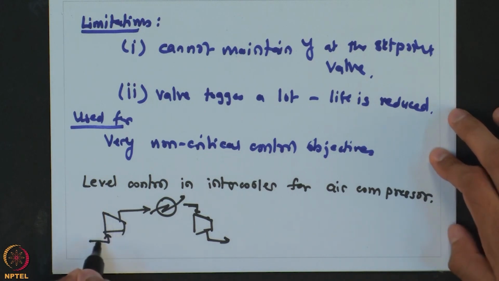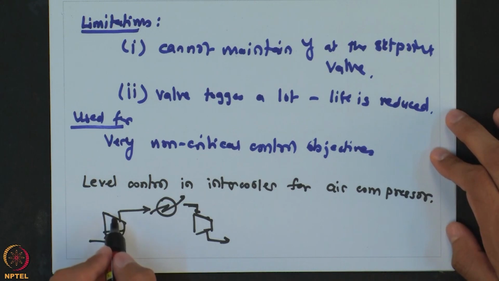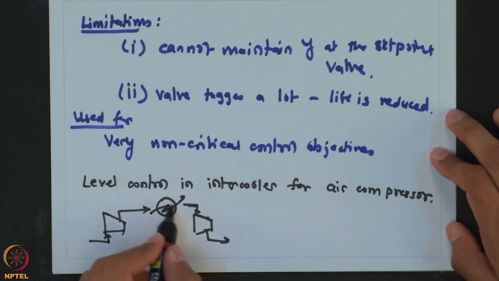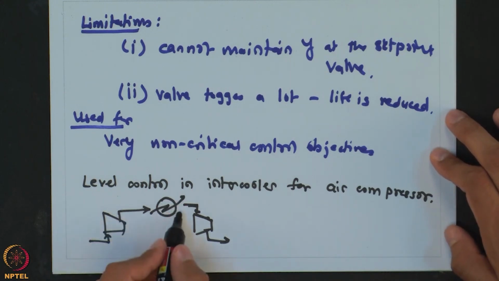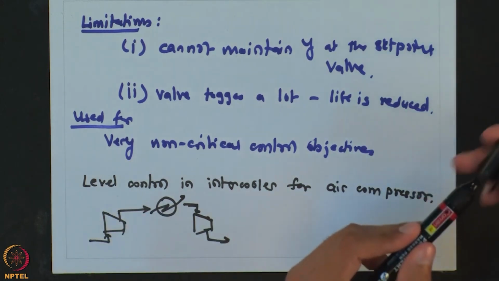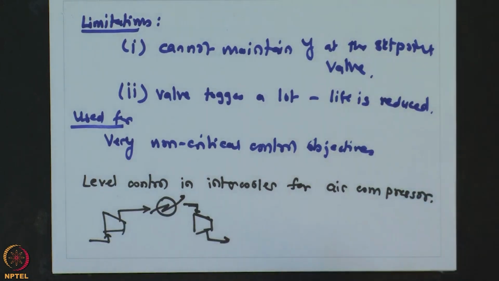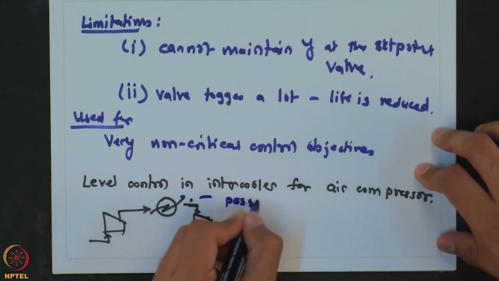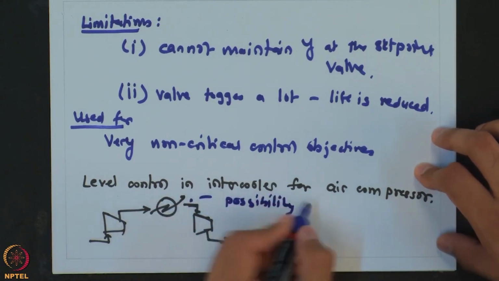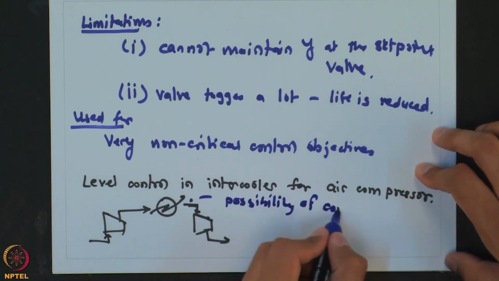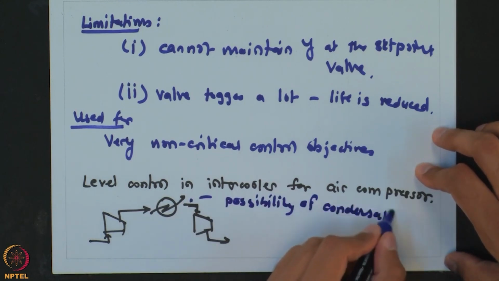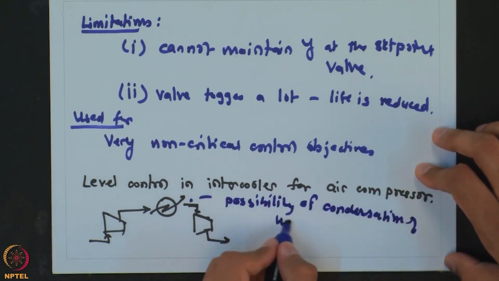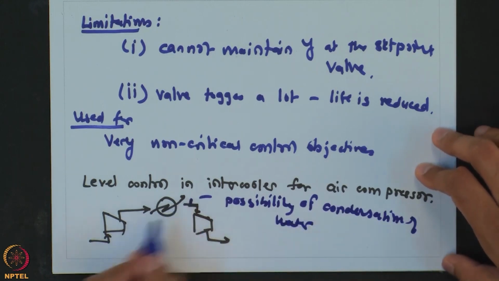As we are dealing with air, air also has a capacity to hold moisture, and as you compress the air and reduce the temperature after this cooler, there is a possibility of condensation of water at that point.